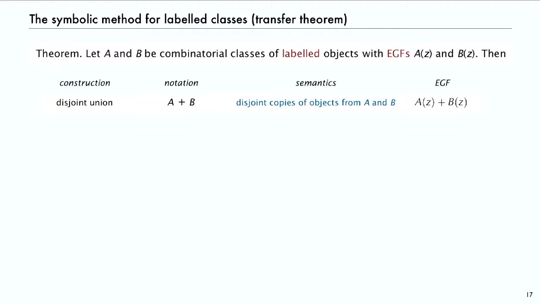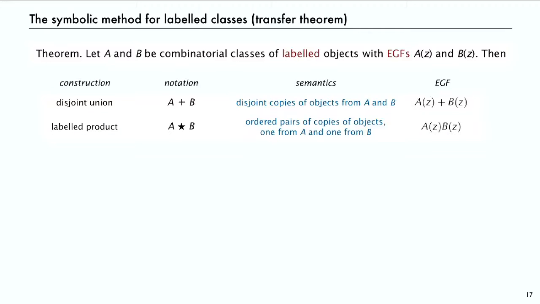If you take the disjoint union and have disjoint copies of objects from A and B, then the EGF is the sum. And we'll look at the proof of this, which is quite natural. For star product, it's the product. And again, that's by design. And the proof, which we'll look at, is quite natural, even in the labeled setting.